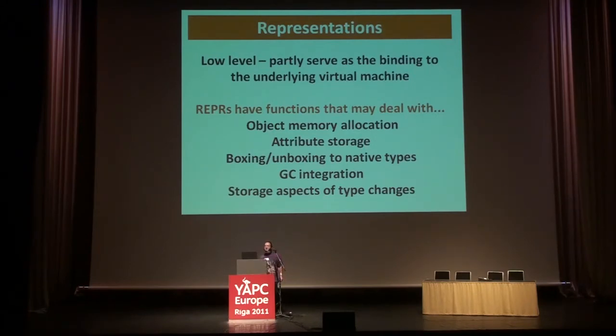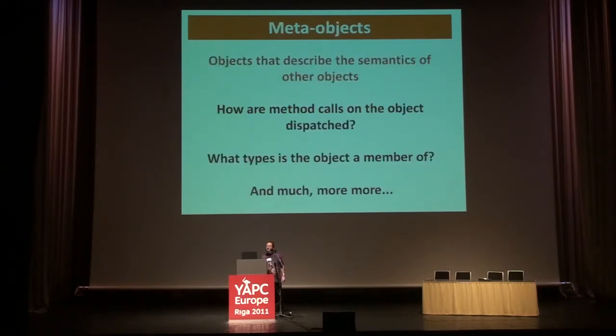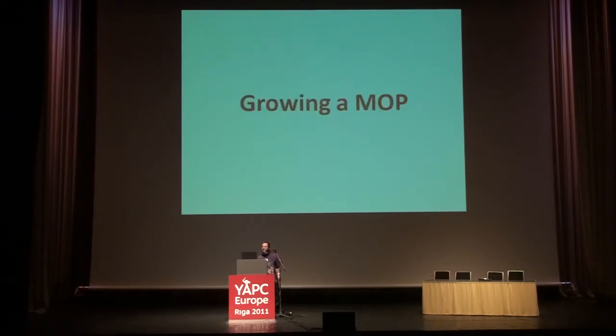So really what's kind of curious about this is we've got a complete separation into two parts of the API for how objects work. One half is all about how memory gets allocated and the binding to the underlying virtual machine. The other half is the meta object, which knows the answer to everything else. So how do I dispatch a method? What is this type, this object, a member of, and so forth.